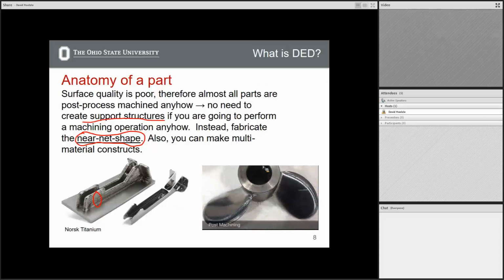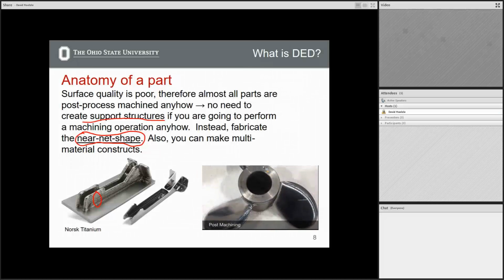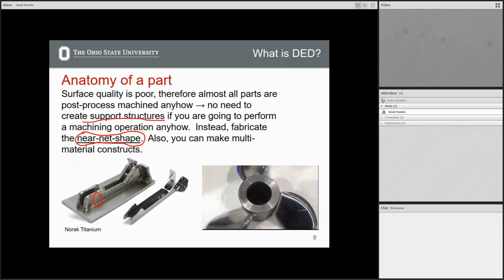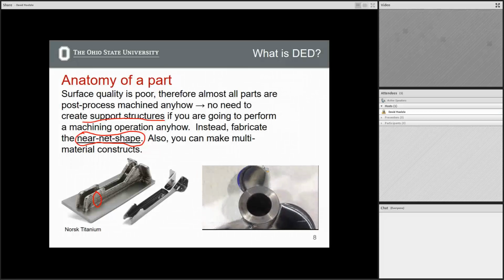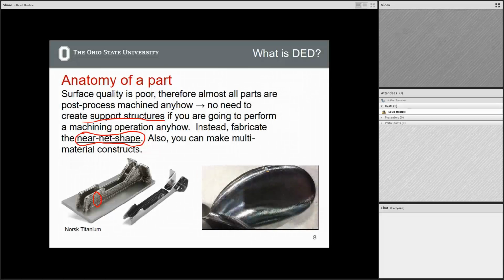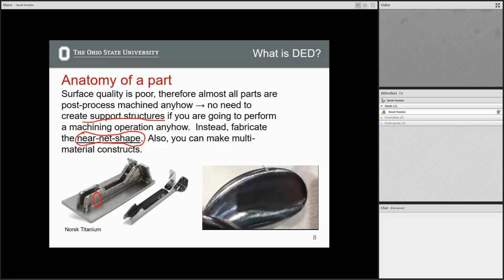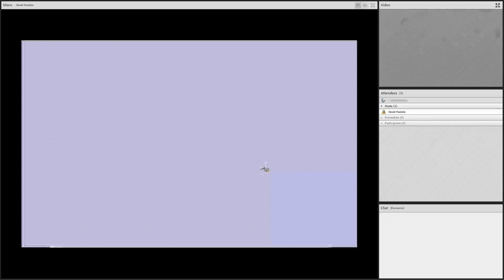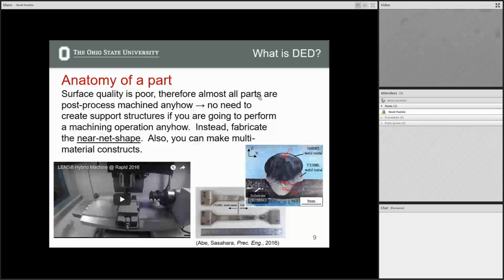So that's after finished machining. Again, this is the idea of the poor surface quality.